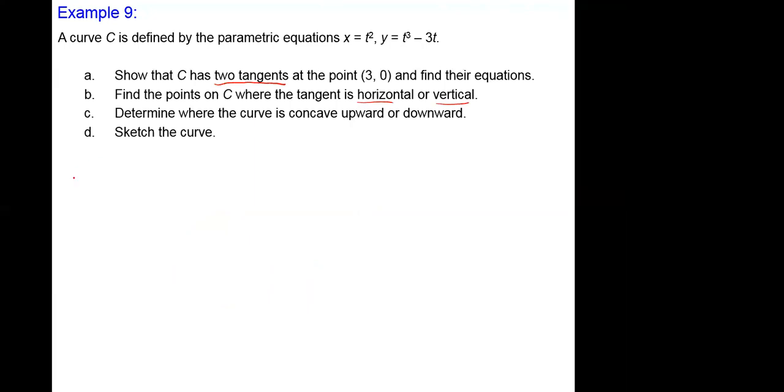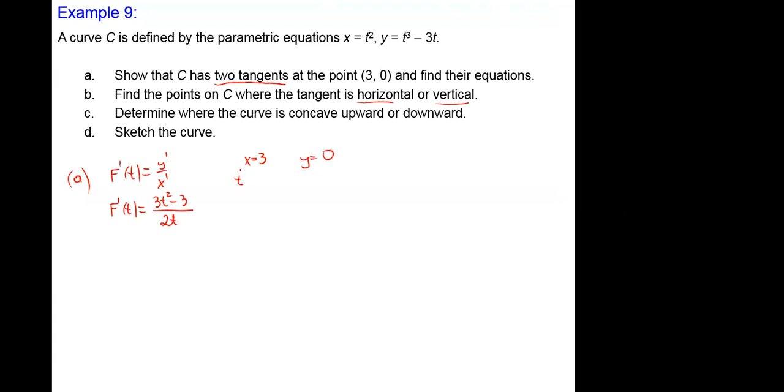And we know how to do this because we can try to find the derivative first. Yes, slope of the tangent is the derivative, y prime over x prime. And y prime is 3t squared minus 3, and x prime is just 2t. But I need the t value. X is 3, y is 0.